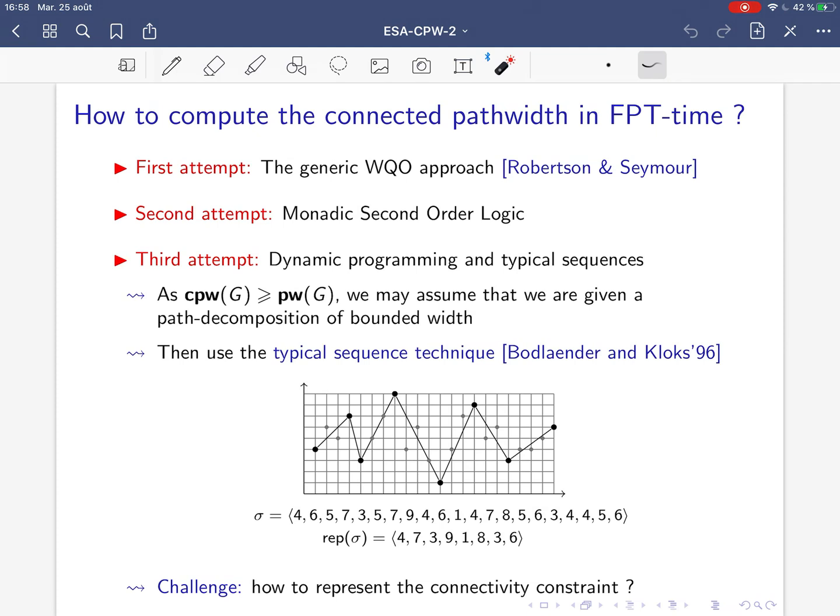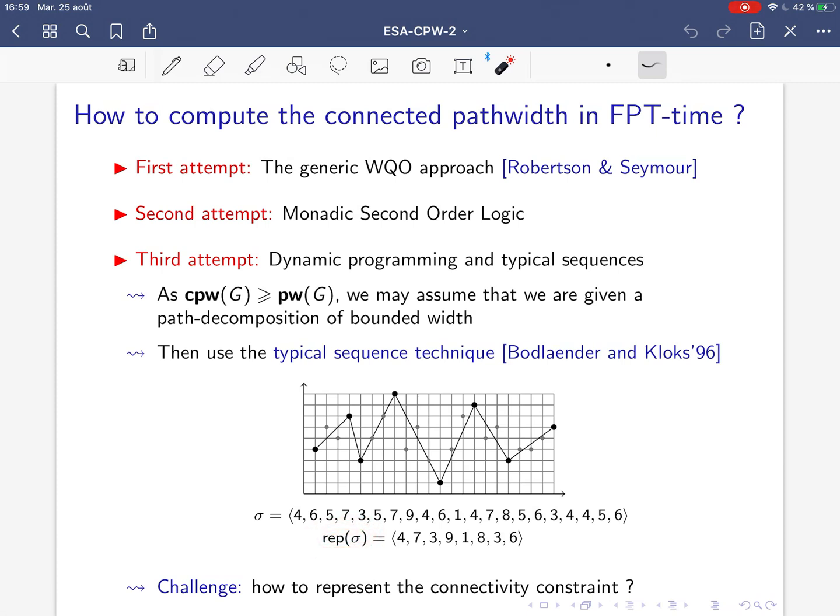The tips are the first and the last point, and the highest local point and the lowest local point, meaning that between two consecutive tips, for example this one and this one, all the intermediate values lie in between the two tips. You can compute the tips of an integer sequence in polynomial time, and the subsequence induced by the tips is called the representative sequence.